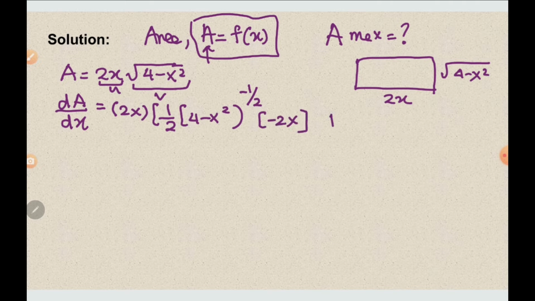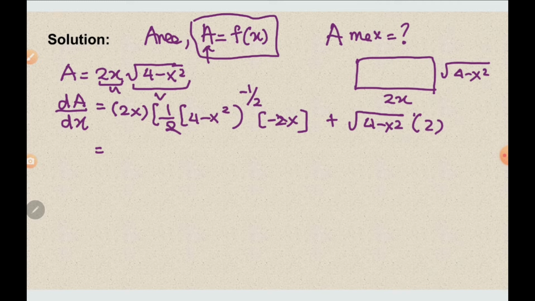u v prime plus v u prime. What is v? Square root of 4 minus x squared, and u prime, differentiate 2x, the answer is 2. Okay, now we simplify by cancelling out 2 there.